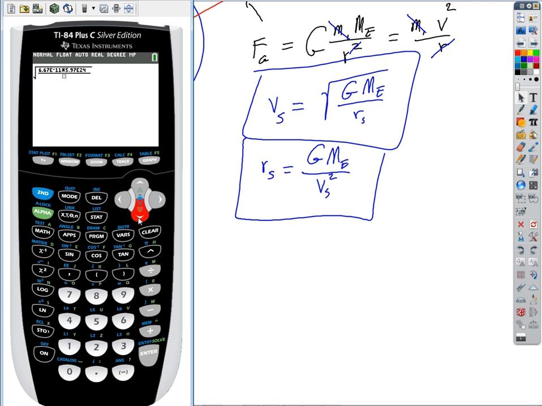What chapter is this in the book? This is Chapter 8.